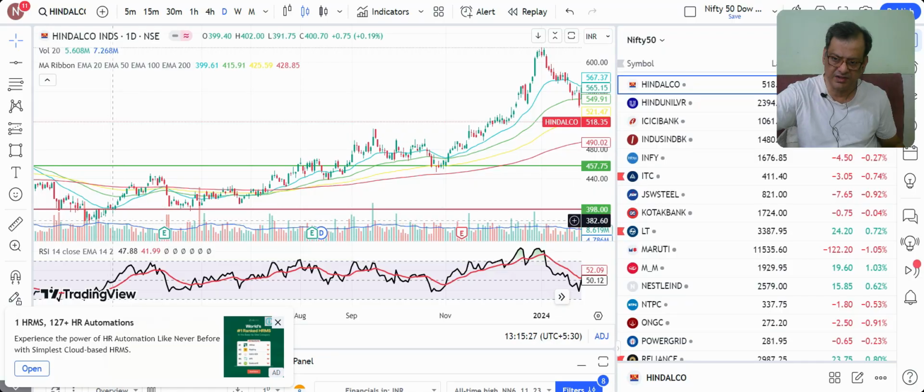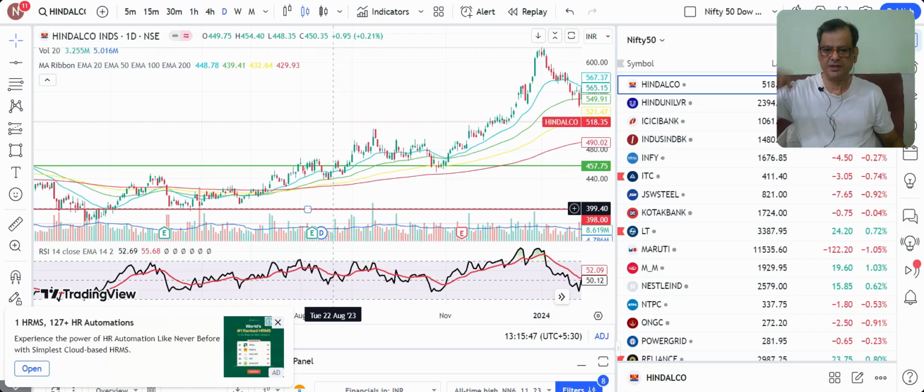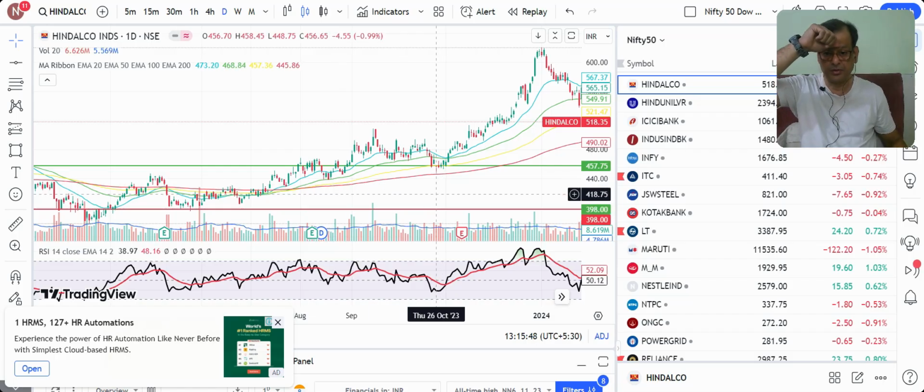Remember, I told you resistance is always above the price, support is always below the price. So it was supporting, but if price managed to break through and come below, this support will now become resistance, because now it is above this candle, so it will not let the price go easily up. So support becomes resistance and resistance will become support.